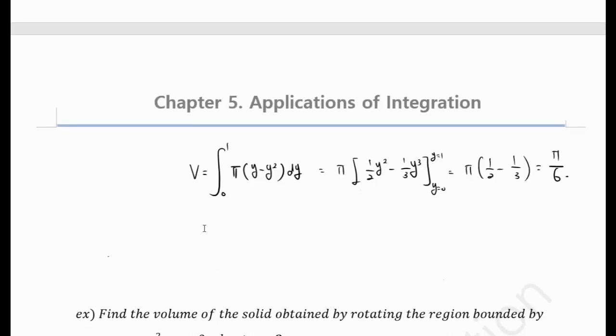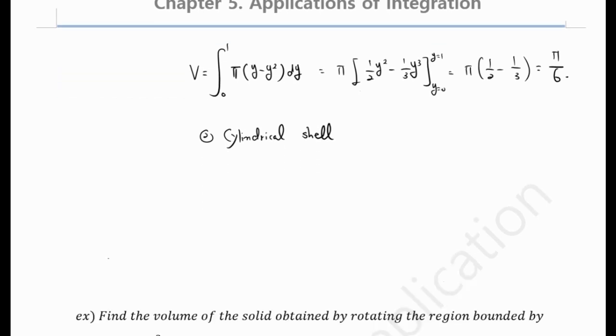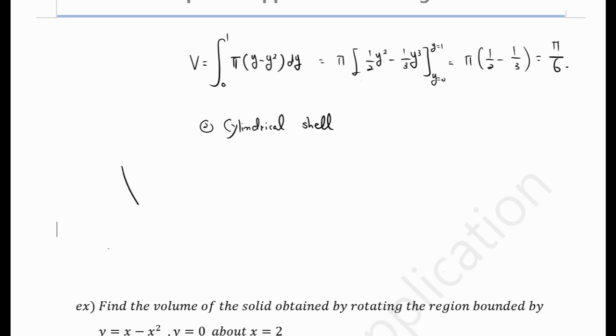Now I will find the volume by using cylindrical shell. The second method is cylindrical shell. The graph is like this. In this region, the cylindrical shell is like this.